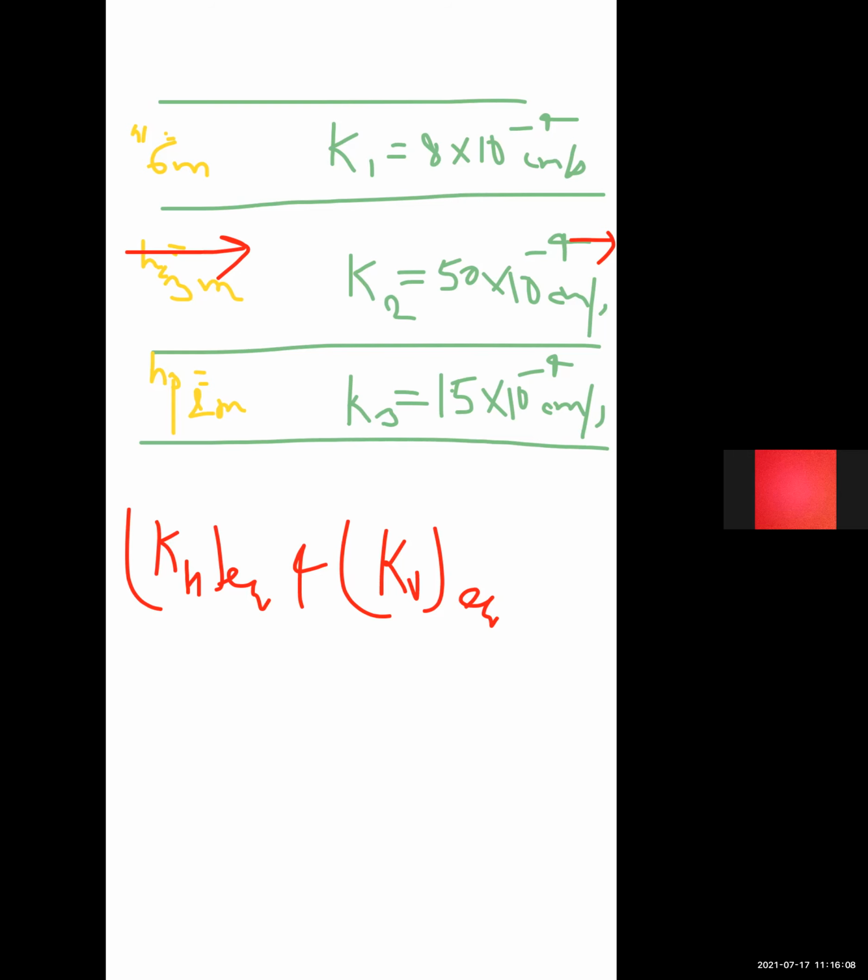Okay, equal to, and calculate. What is the formula? K1 H1 plus K2 H2 plus K3 H3, divided by total H. What is the total height? Total height 3 plus 12.